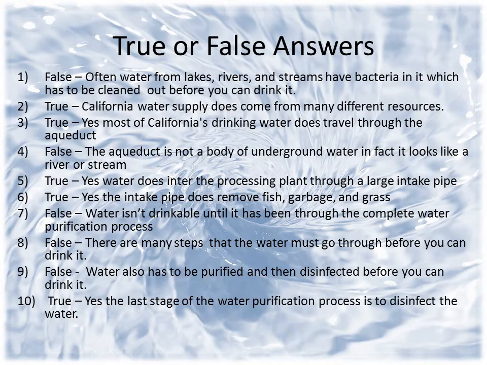Number 8 is false also. There are many steps that water must go through before you can drink it. Number 9 is also false. Water also has to be purified and then disinfected before you can drink it. And number 10 is true. Yes, the last stage of the water purification process is to disinfect the water.